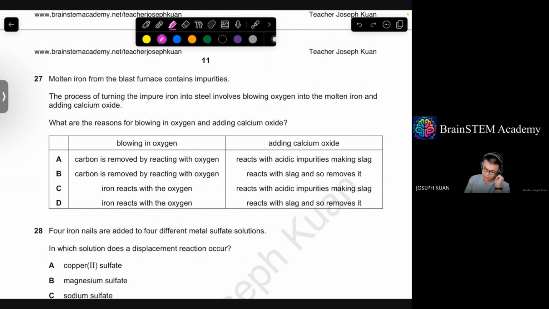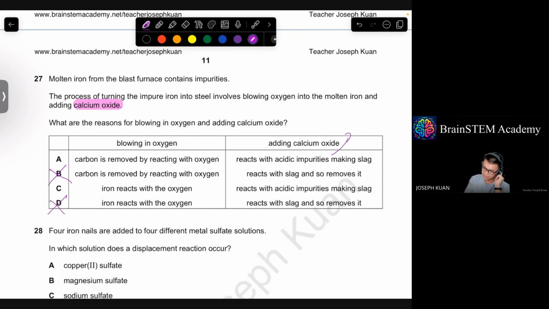Now, calcium oxide in the blast furnace, we know that actually removes acidic impurities to form slag. So we can eliminate answers B and D. It doesn't react with slag, it forms slag. The acidic impurities, for example, are sand. No, not sand.